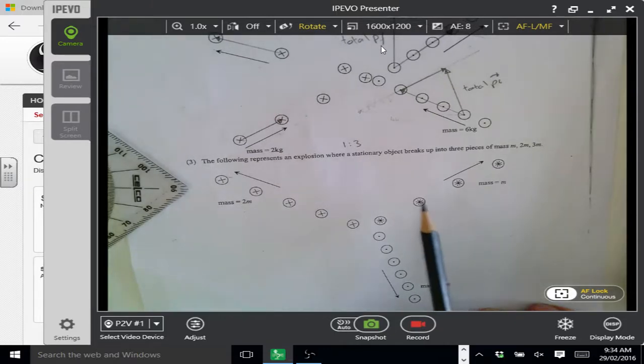So the easiest thing is just to go, okay, 1 velocity vector represents the momentum vector, 2 velocity vectors represent the momentum vector, and 3 velocity vectors represent the momentum vector here.